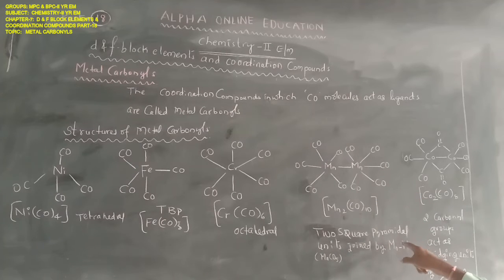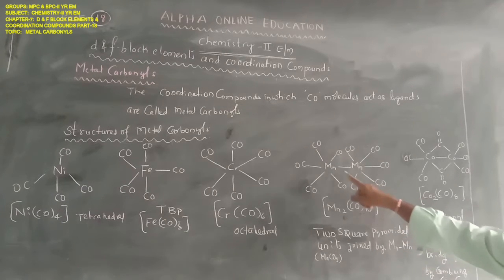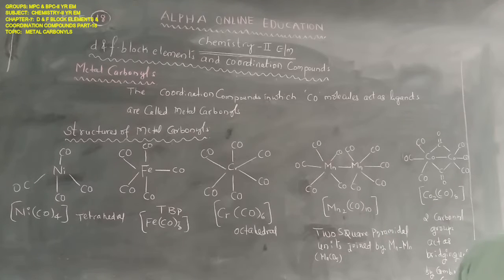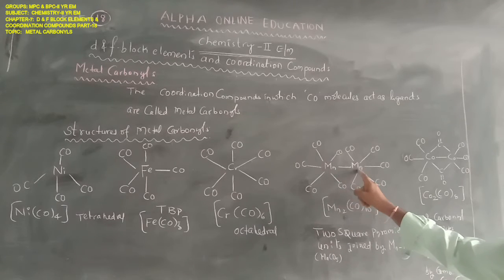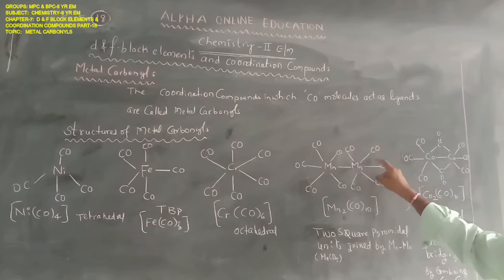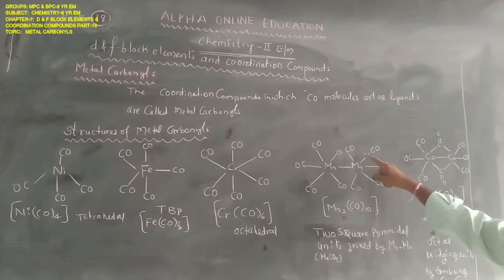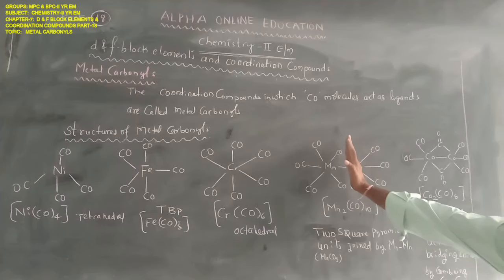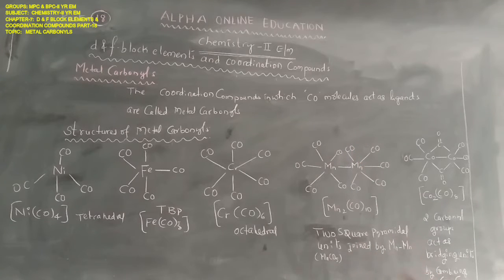The two square pyramidal units are joined by a metal-metal bond, that is manganese to manganese. Each manganese is connected with five carbon monoxide molecules.